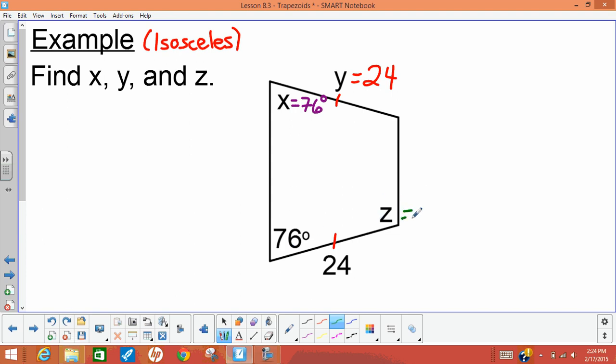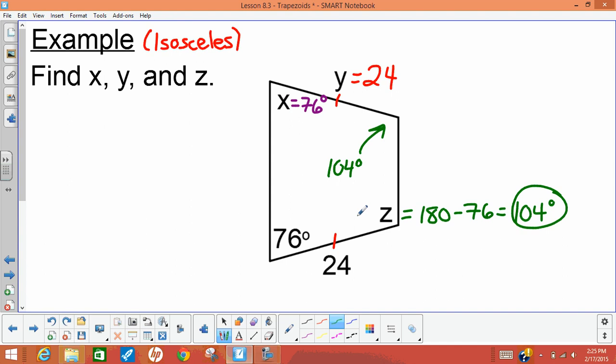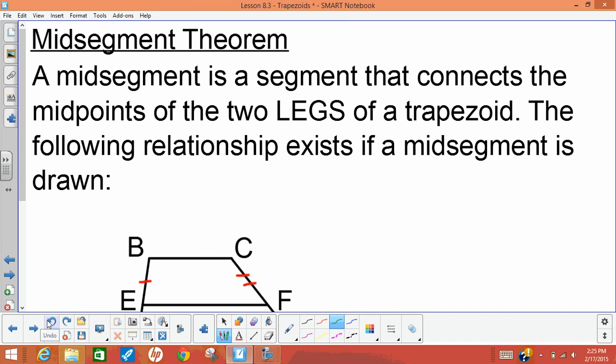So z is 180 minus 76, which is 104 degrees. So that would make this angle 104 degrees as well, and these 2 would be supplementary as well. So just knowing the properties of trapezoids, isosceles trapezoids, that's one of the ideas here.